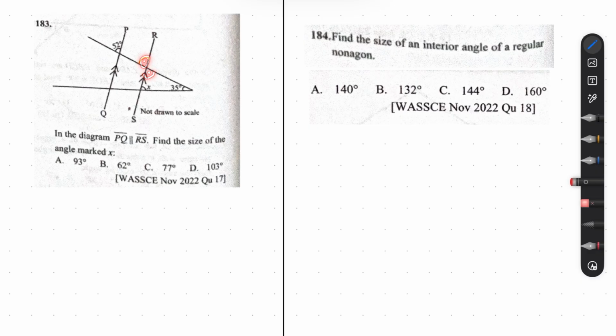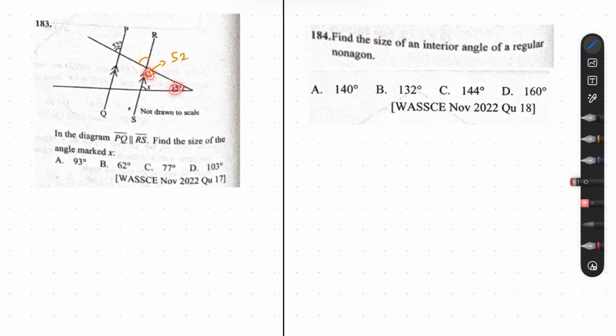So this angle will be 52, because this angle is corresponding to this angle. So this here will be 52, and then since this is also vertically opposite to this, it will be the same, so 52.